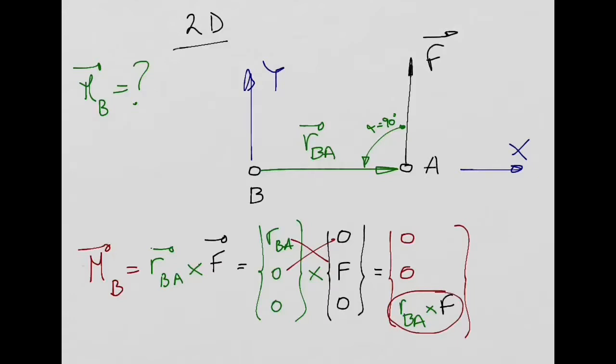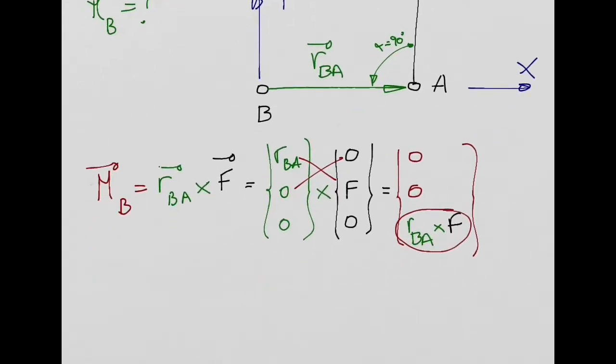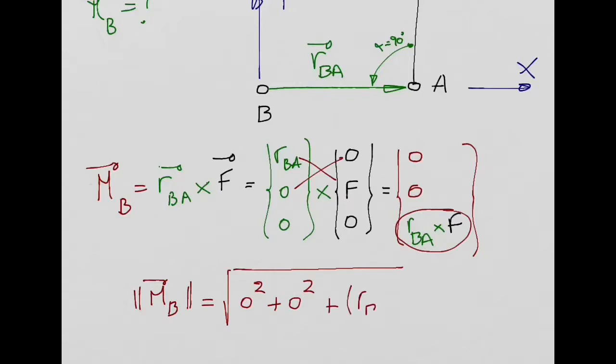So what I want to tell you is that by doing the cross product, we obtain everything we need to know for the moment. We just need to calculate the norm of this vector. So if I want to calculate the norm of my bending moment, the norm is the square root of, in this case, 0 square plus 0 square plus RBA F square.